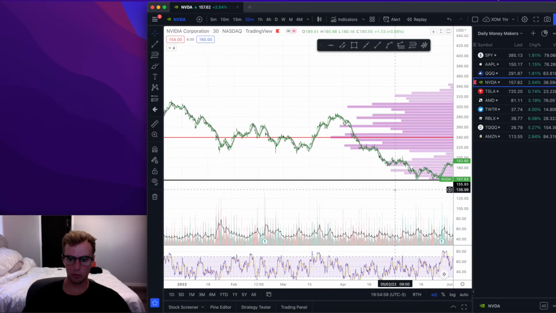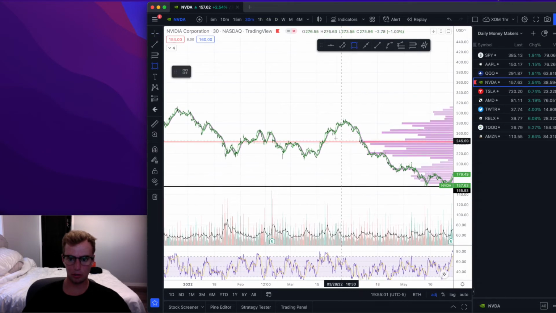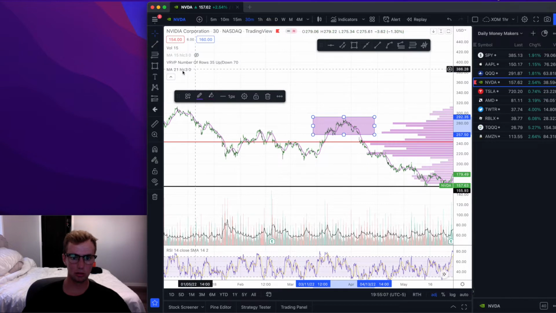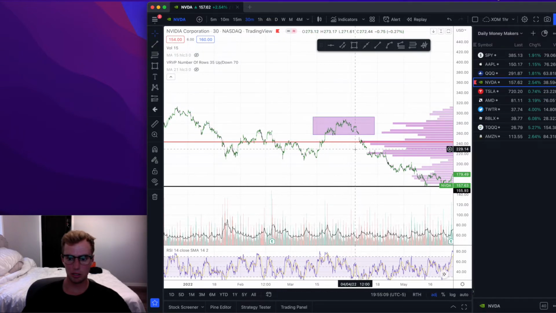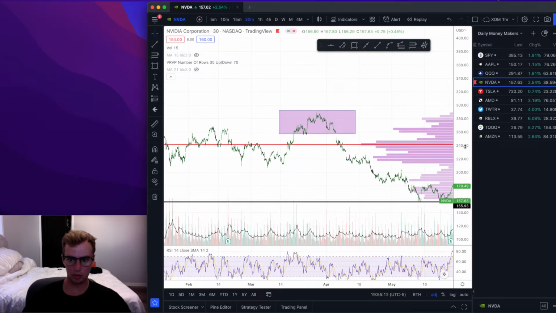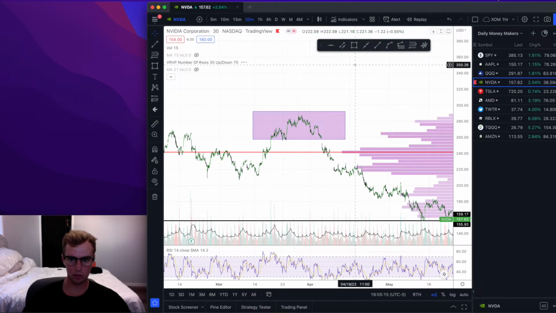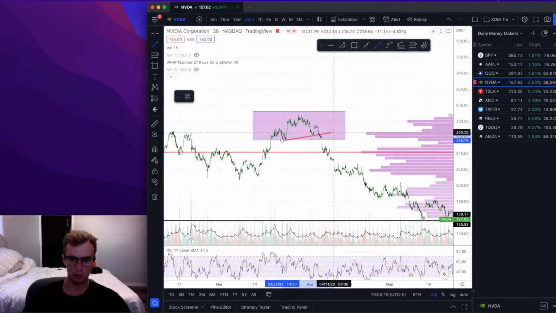So first off, here's one right here. This is a head and shoulders, right? So we saw that one. This is what a head and shoulders looks like, right? So the neckline is right there. I would consider it right there.